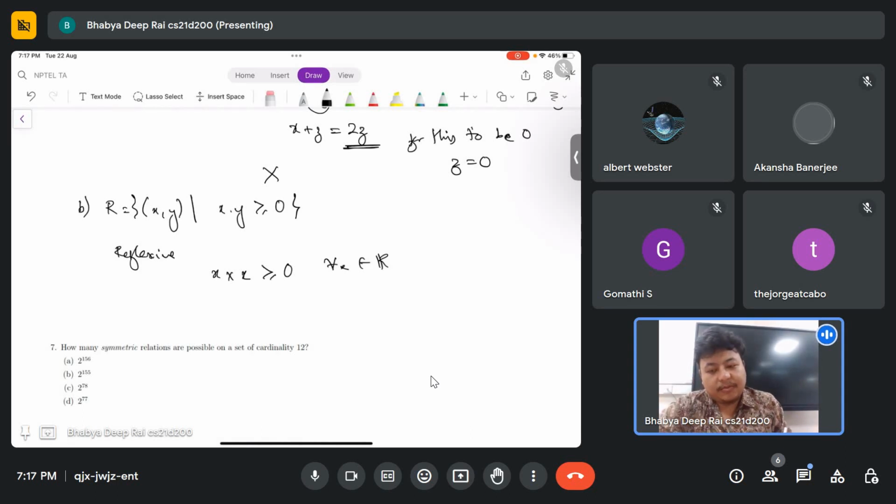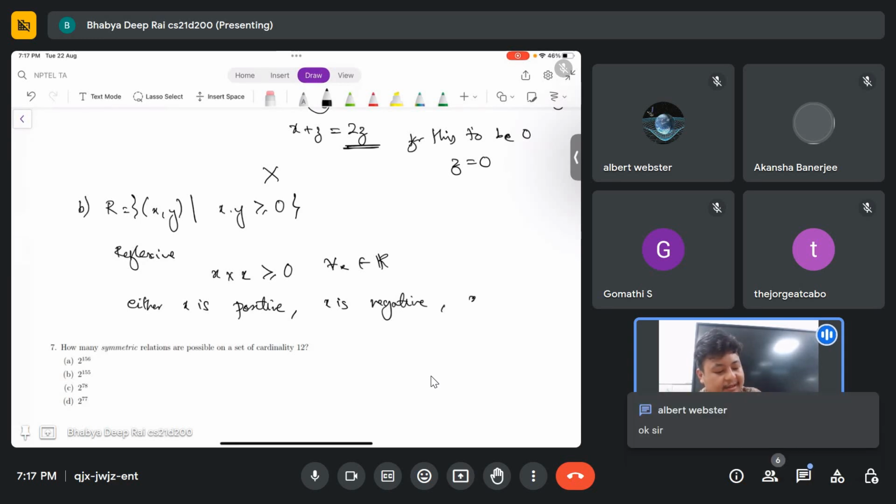This should be true because either x is positive, x is negative, or x is 0.